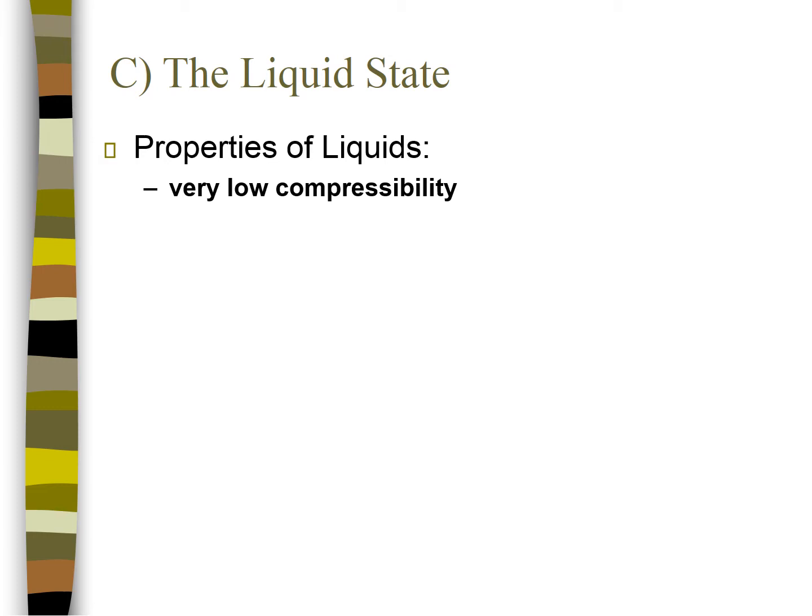Now, having said that, one important aspect of the compressibility and expansion of liquids is the expansion of the oceans that is occurring right now as a result of climate change. A lot of the heat that's going into the oceans is causing not only the temperatures of the oceans to rise, but it is causing the oceans to expand slightly.